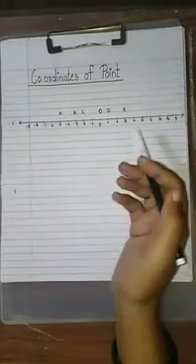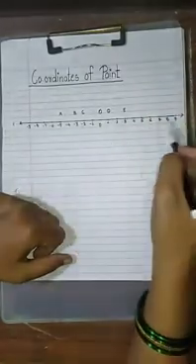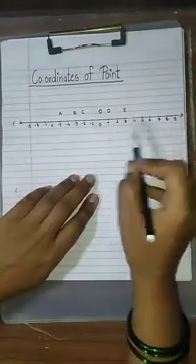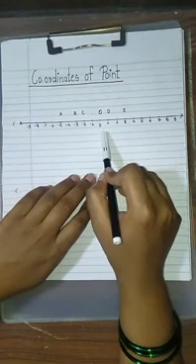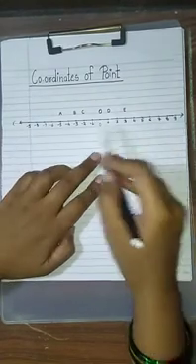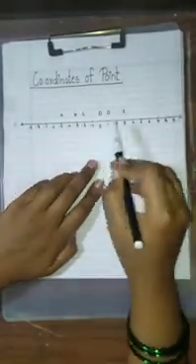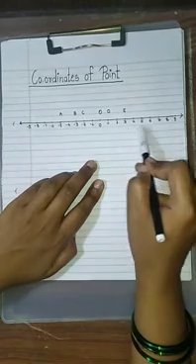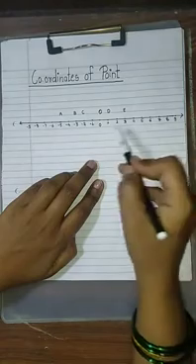Now, the next point is coordinate of points. Now, what is coordinate of a point? You can see a number line over here. In the center, you can see 0. Towards the right hand side of 0, you can see all positive numbers, that is 1, 2, 3, 4, 5, 6, 7, 8, 9 and so on.